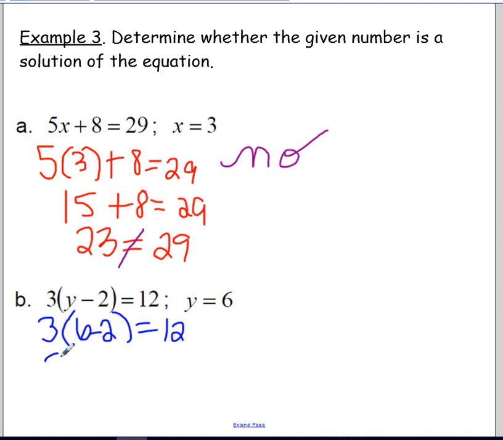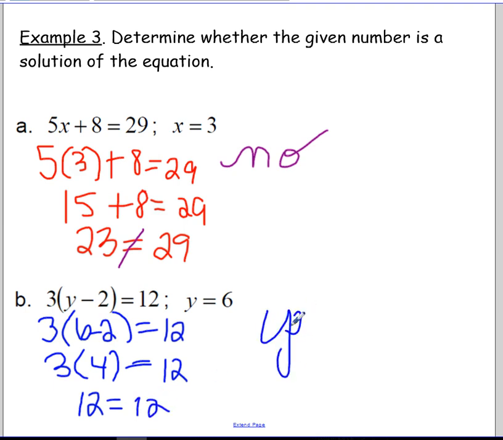So we'll leave the 3 alone, and 6 minus 2 equals 4. And so we have 3 times 4 equals 12, which is true. 3 times 4 is 12, so 12 equals 12. So yes, 6 was the solution to that equation.